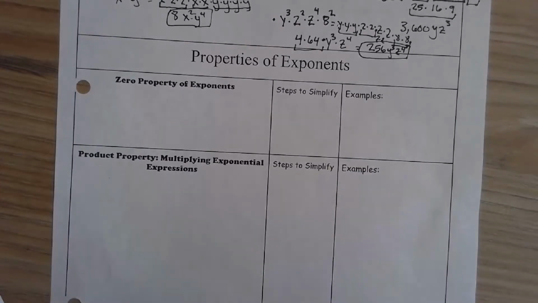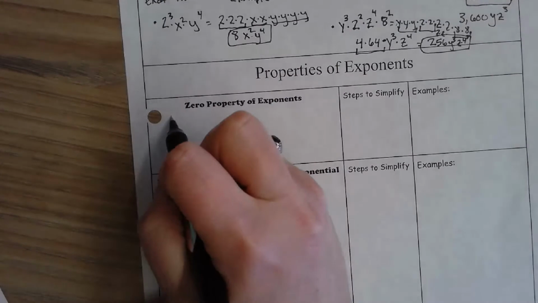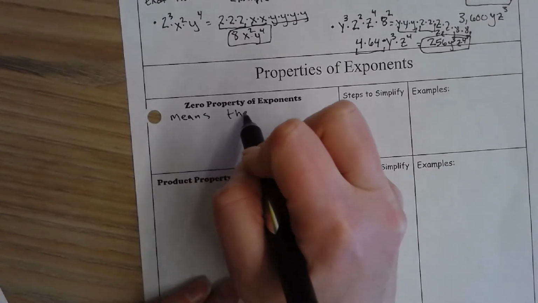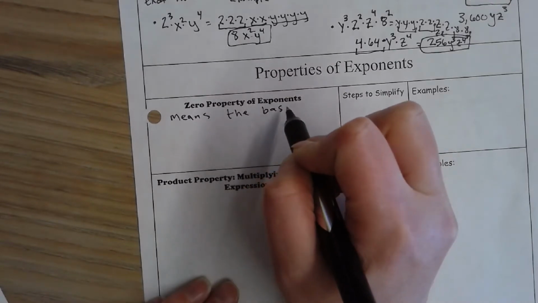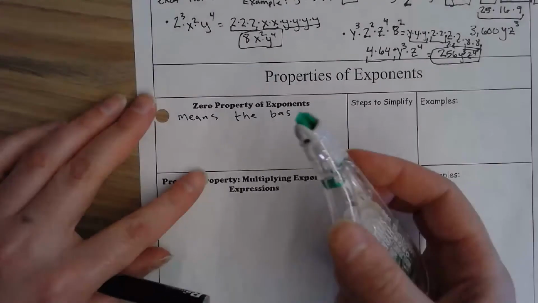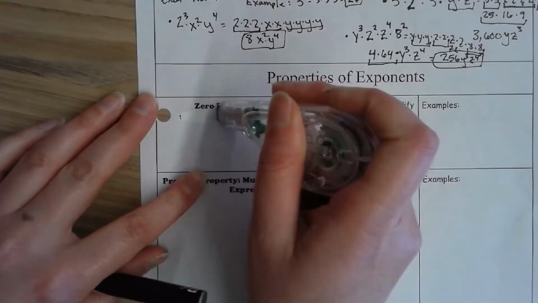The zero property of exponents just means the base, oops, I am looking at the wrong one, sorry. Don't write anything, or if you did, I am going to white it out, because that is wrong.